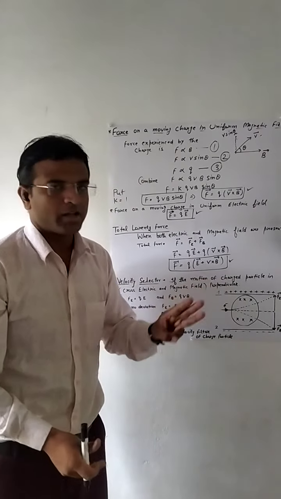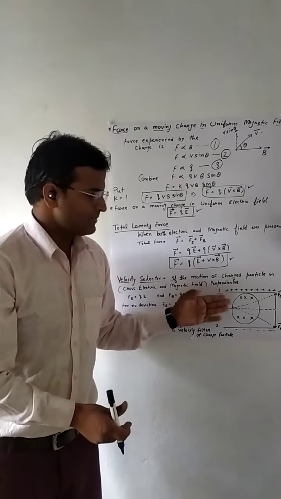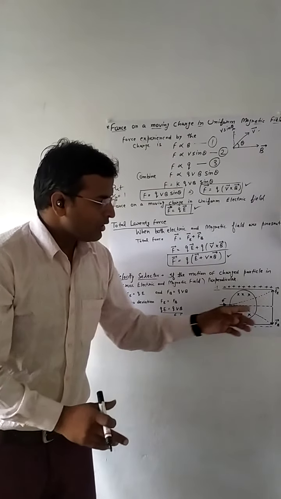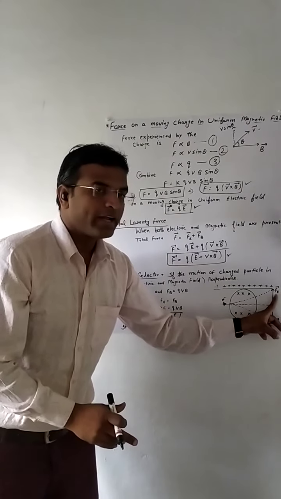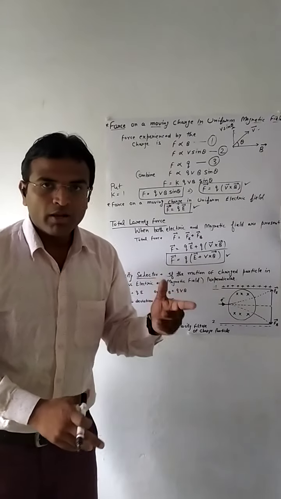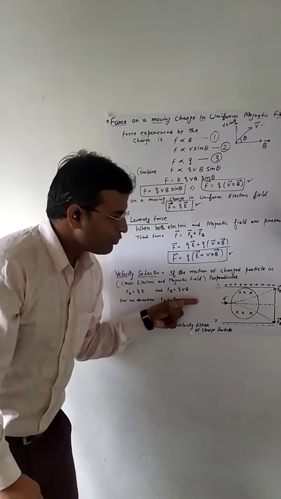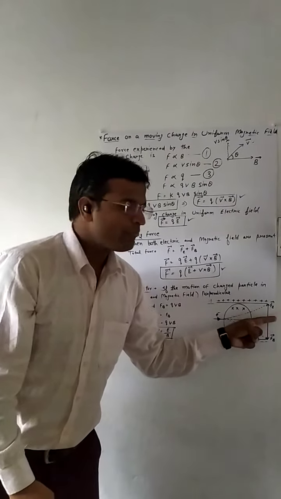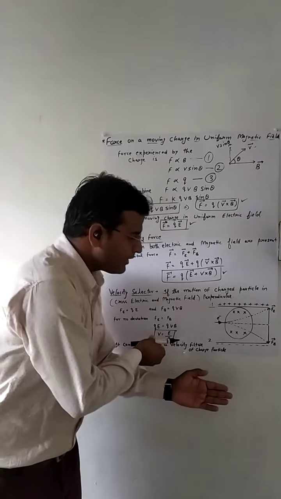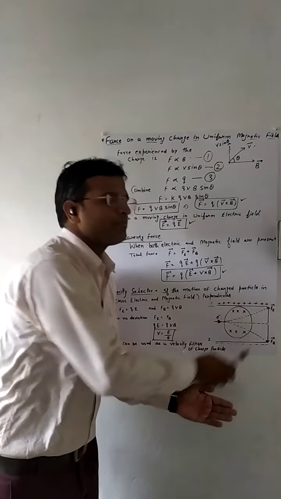Now three cases are possible. When the force due to the electric field and the force due to the magnetic field are both equal, then the charged particle moves in a straight line. When the force due to the electric field is greater than the force due to the magnetic field, it deviates in the upward direction.